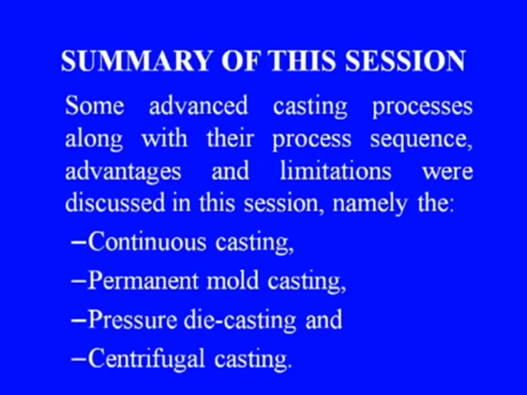Now, let us summarize what we have discussed in this session. We have discussed some advanced casting processes along with their process sequence, advantages, limitations, etc. The casting processes we have discussed are continuous casting process, permanent mold casting, pressure die casting and centrifugal casting process.